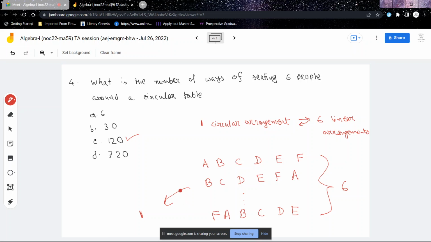Hence 6 factorial linear arrangements will give you 6 factorial over 6 circular arrangements, which is precisely 5 factorial, and that's 120.